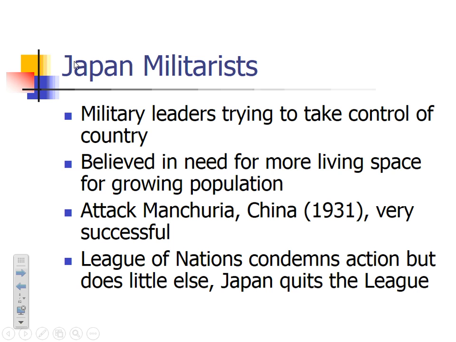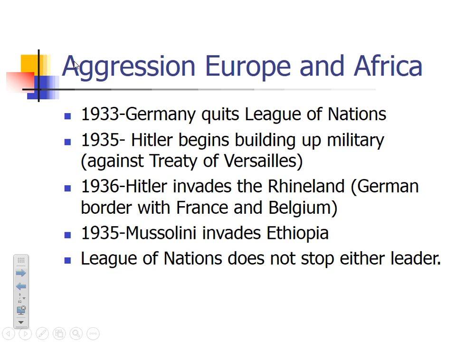We talked about the rise of militarism in Japan. We mentioned Emperor Hirohito and then his military leader Hideki Tojo, and they are a member of the Axis powers as well.